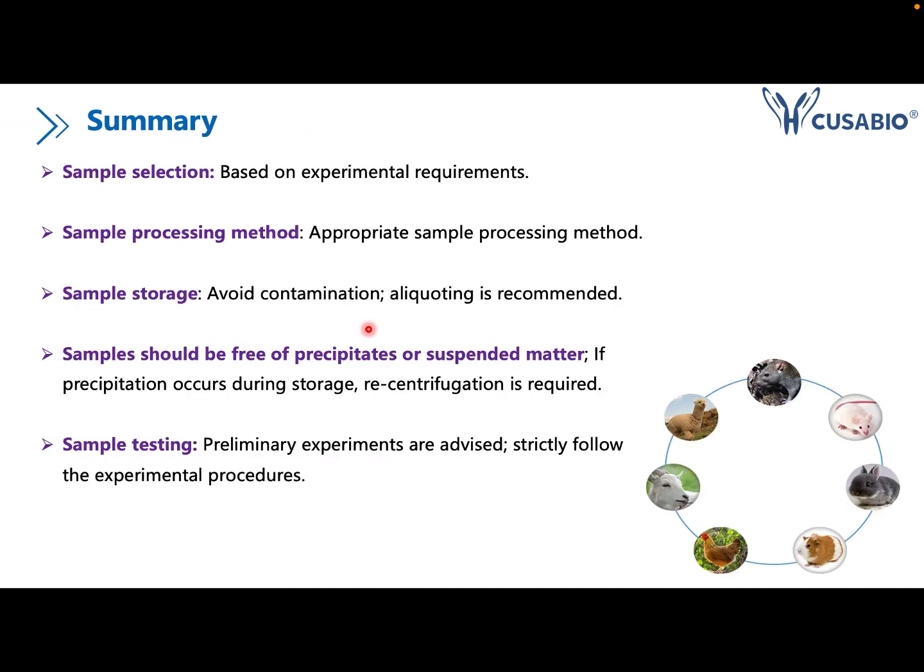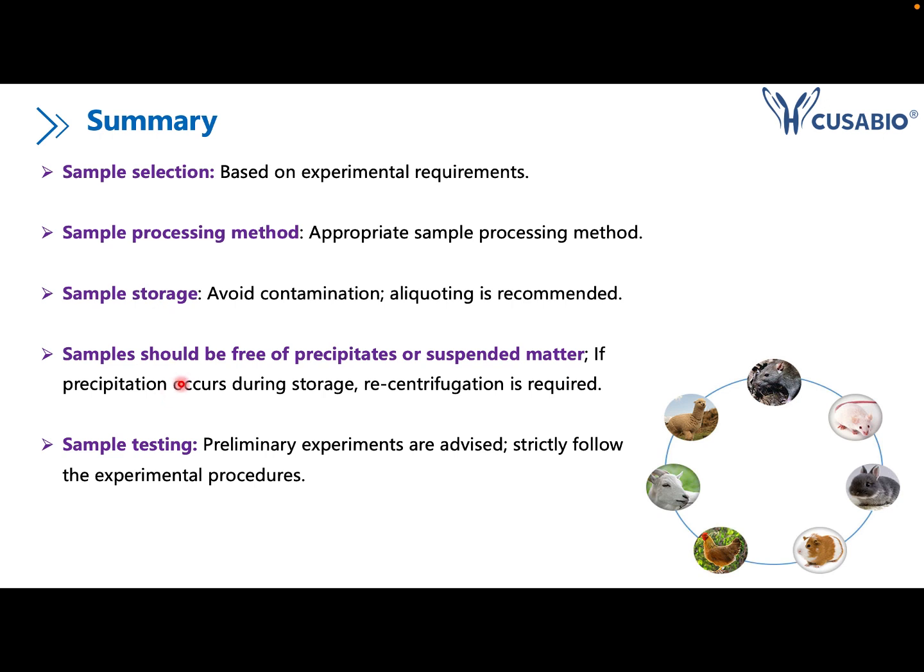Okay, so the summary of today's webinar is that we talked a lot about sample processing. We talked about choosing the right sample based on the experimental requirement, how to do appropriate sample processing, and how to store the sample properly, like avoiding contamination, and aliquoting is recommended.